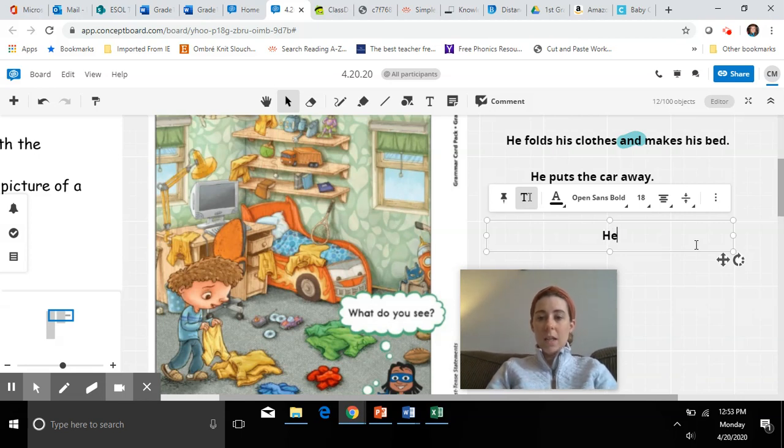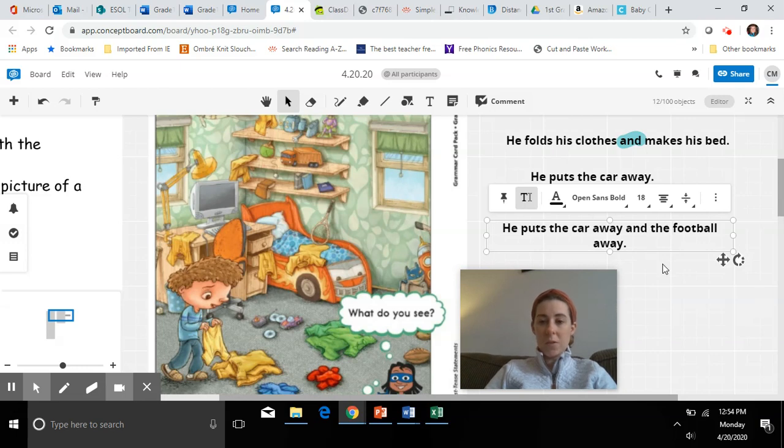We could say, he puts the car and football away. So we wouldn't say he puts the car. We could say he puts the car away and the football away.